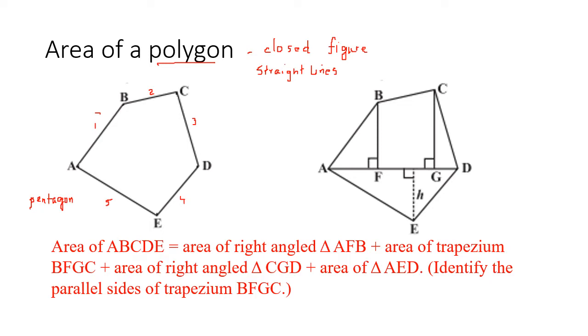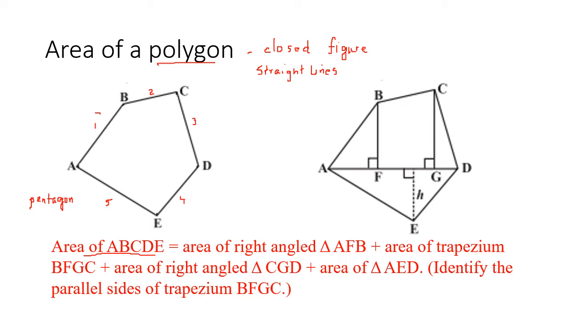Now we have to find the area of this pentagon. That is a polygon, this is a pentagon. In the first figure, it's a plane figure, and we have to find the area of this polygon, that is the area of ABCDE. What we have done is, we have conveniently broken down this polygon into convenient shapes.